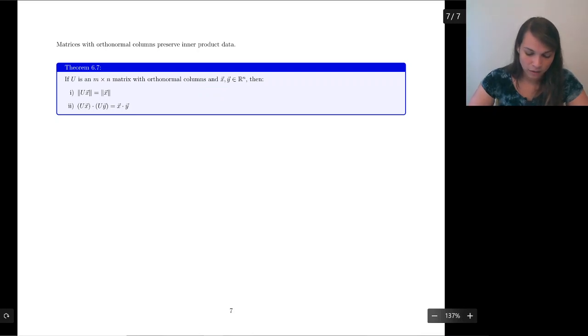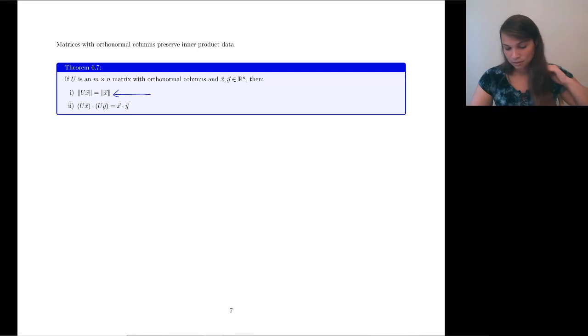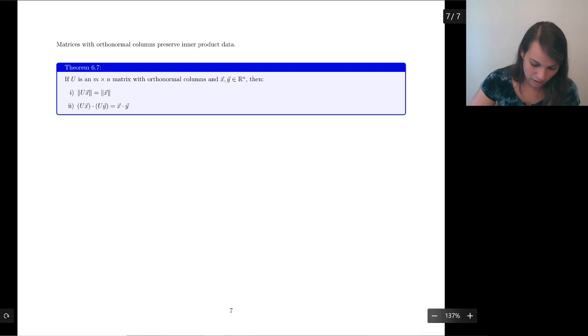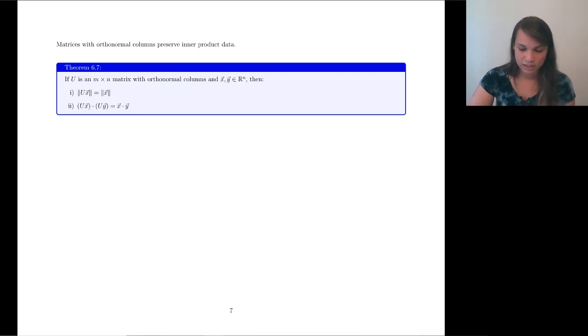Then we get the following two properties. The norm of Ux equals just the norm of x, so U doesn't affect the length of x. And when we have Ux dot Uy, we just get x dot y, so it doesn't even affect the dot product.